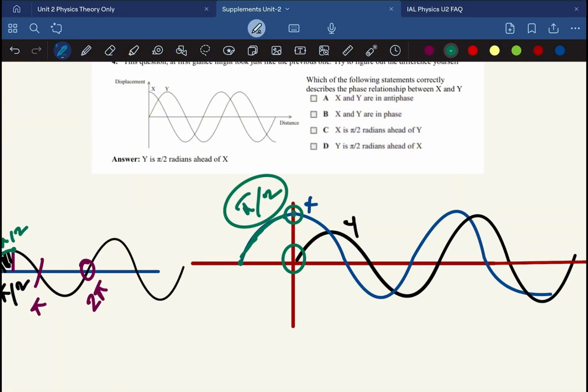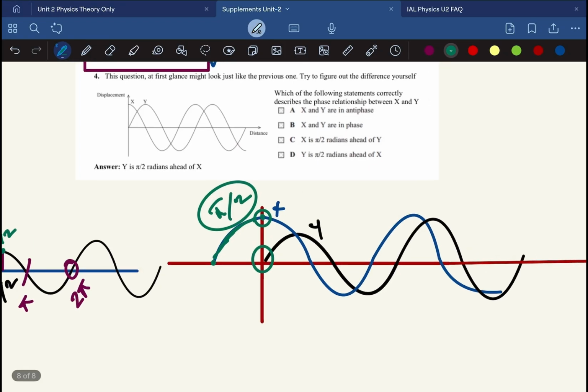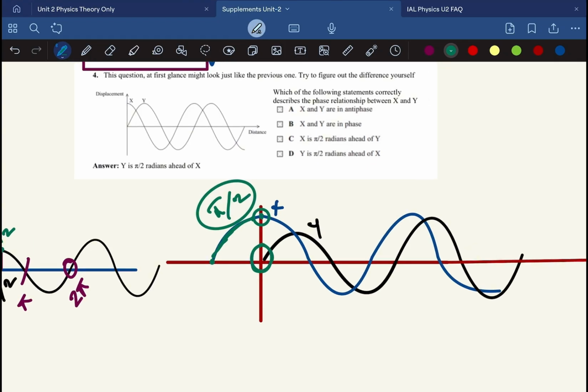It has a greater phase difference of pi by 2, because when the y just started, at that time x has reached its maximum displacement. That's why we can say x is greater, because x has already reached its maximum displacement, whereas the y just started. And x is pi by 2 ahead of y.